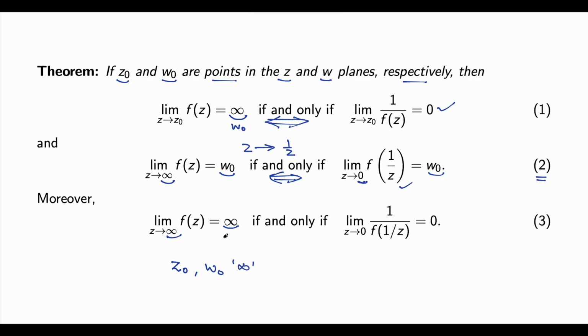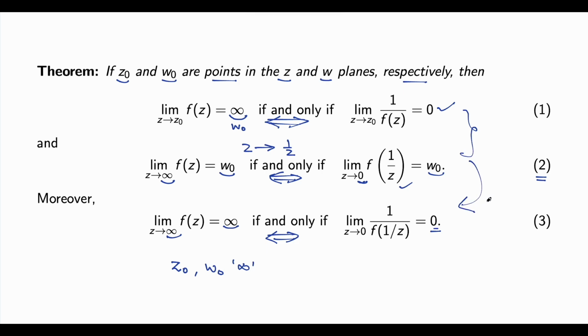In that case, the limit as z tends to infinity of f(z) equals infinity if and only if we take the reciprocal of both: the reciprocal of the function and the reciprocal of z, so 1 by z tends to 0. So the third one is the mixture of these two.